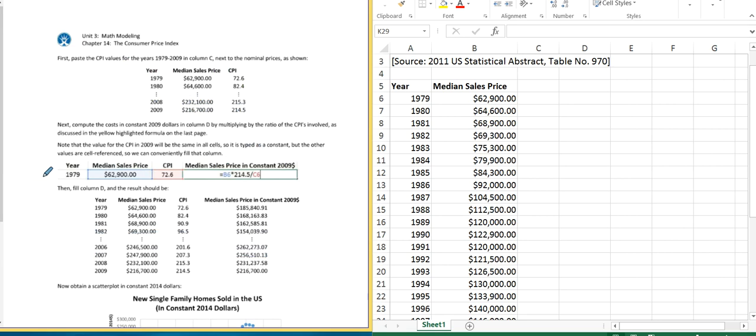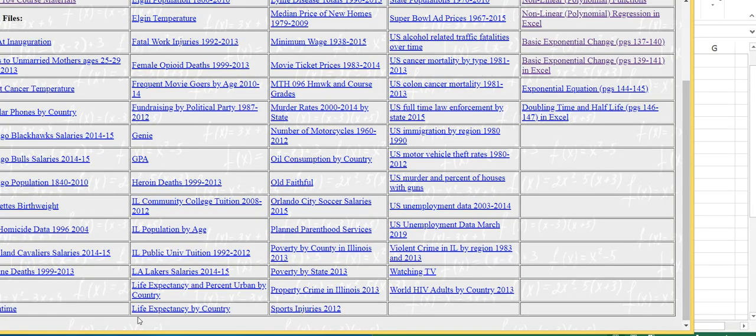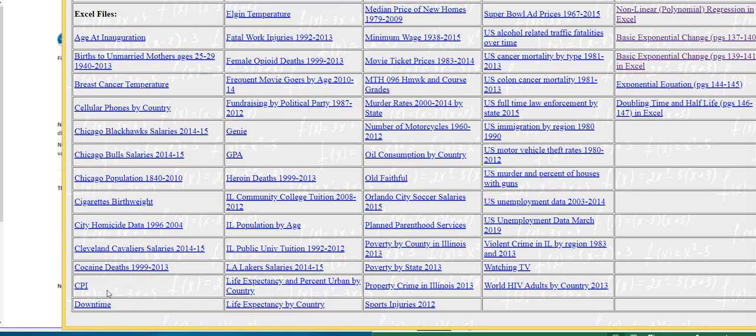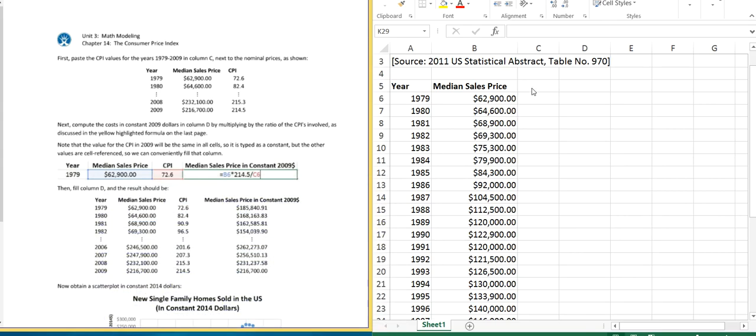So the first thing we need to do is open, from the usual website, the data set that is down here, the Consumer Price Index. It says CPI. You need to open that Excel file as well. I already have it opened because we're going to need that one.